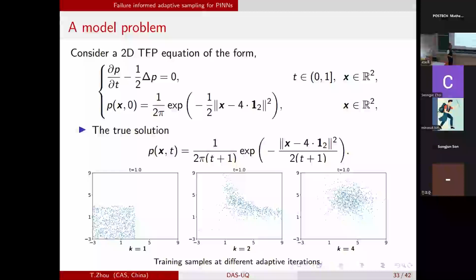I will generate new points by the solution itself, which is here. And based on these points, I will repeat the training for the neural network. And after a few steps, I will get rid of all these points and generate new samples. And eventually, after a few steps, the training points look like this, and they will capture all the solutions. This is the procedure for the Fokker-Planck equation.